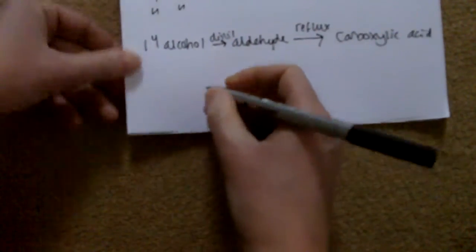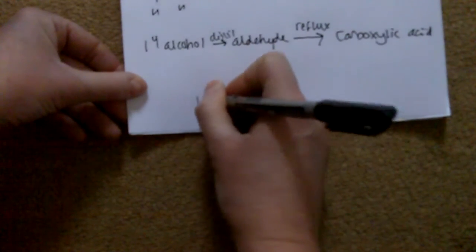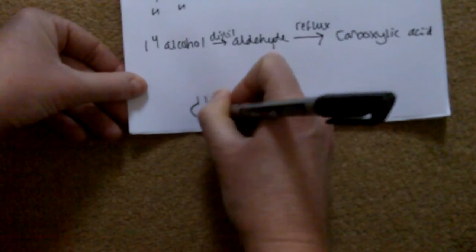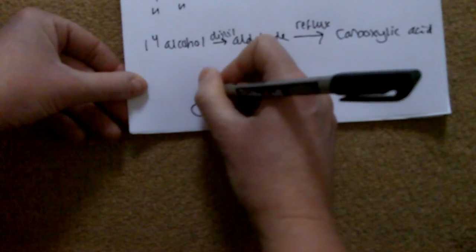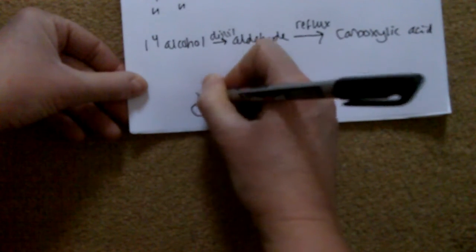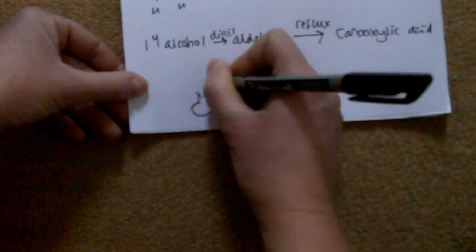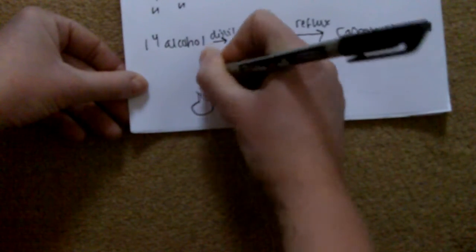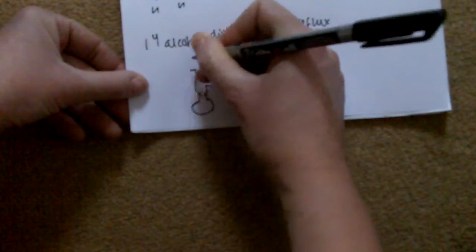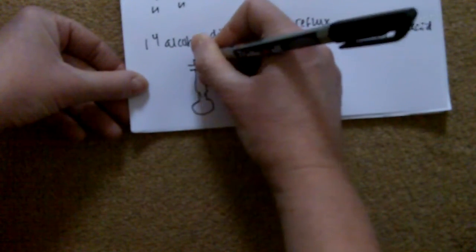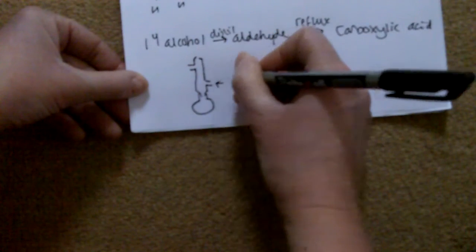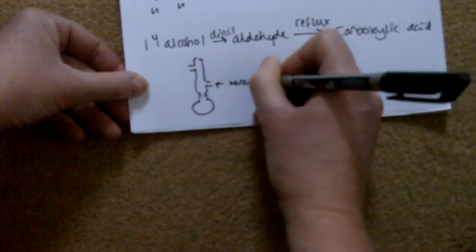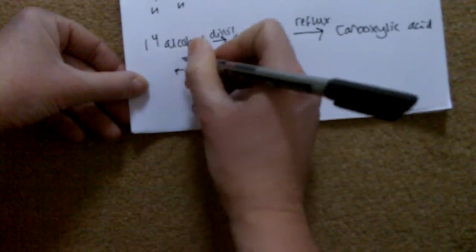Now my drawing is not very good, but again, you take a round bottom flask or a pear-shaped flask, and then you put the condenser. The condenser goes upright, so not to the side like in distillation. The condenser goes upright, and the water goes in at the bottom, and water comes out the top.